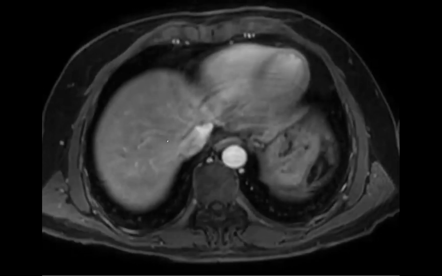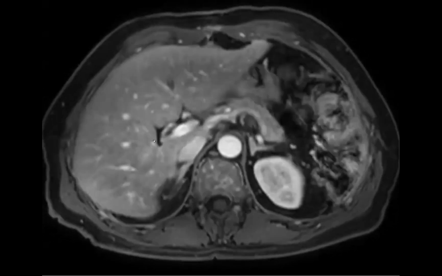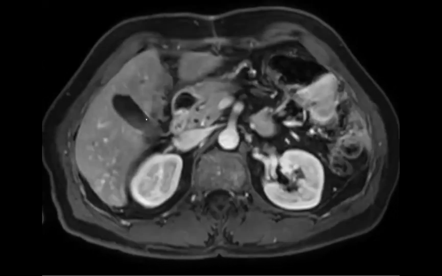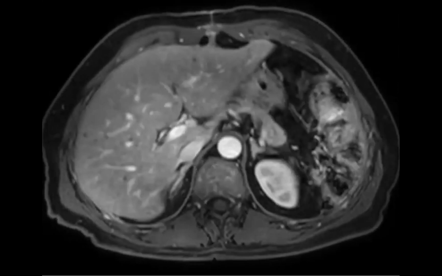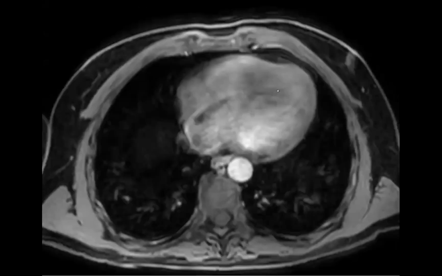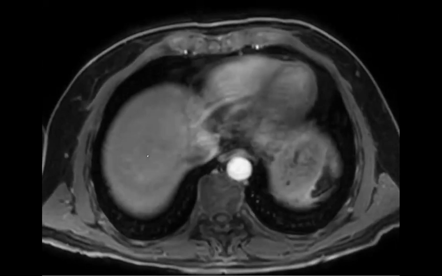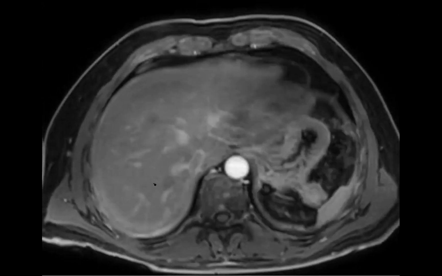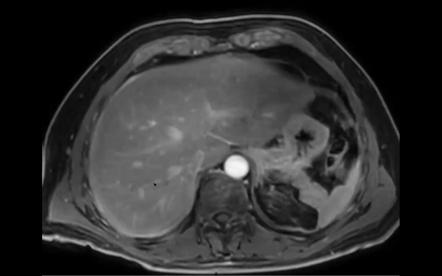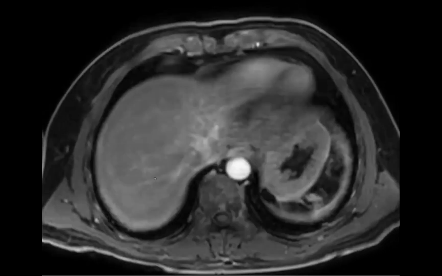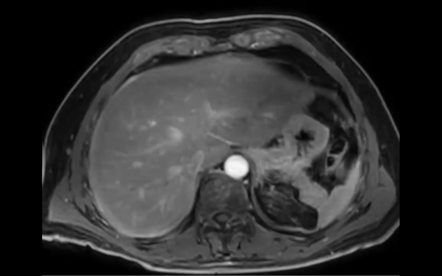Initially, they look like they don't quite enhance on this, which is the portal venous phase. But when we go to the delayed phase, you can see that a lot of them are no longer visible. They almost equalize. So they're not really cysts.